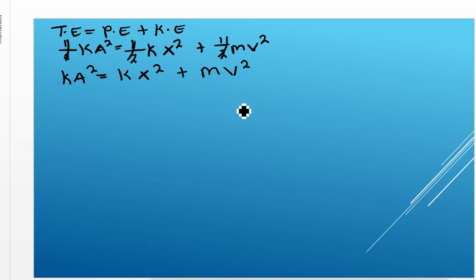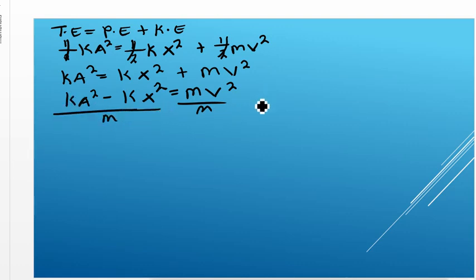mv squared. From here, this can go this side, so we're going to have ka squared minus kx to the power 2 equal to mv squared over m.